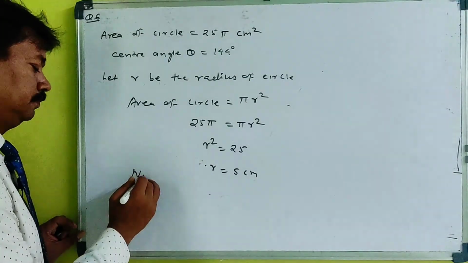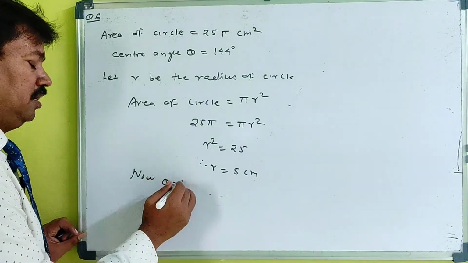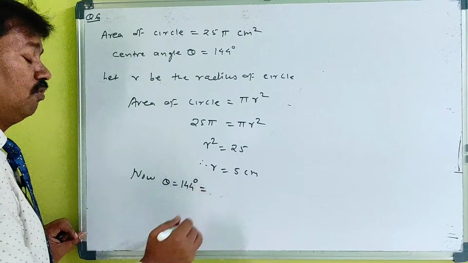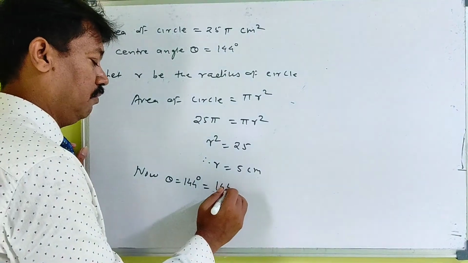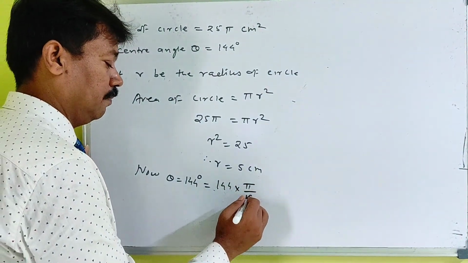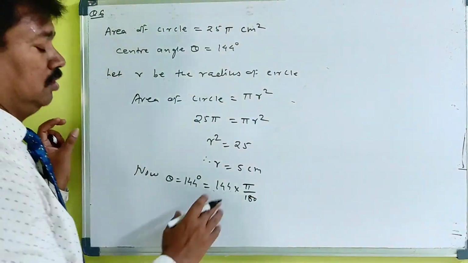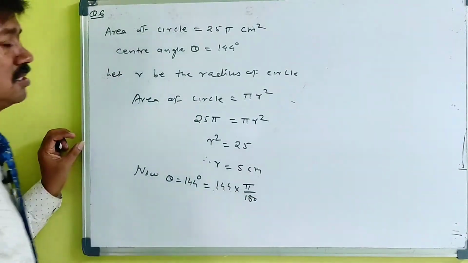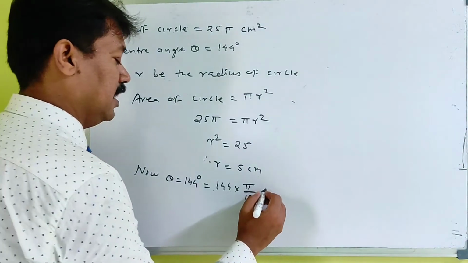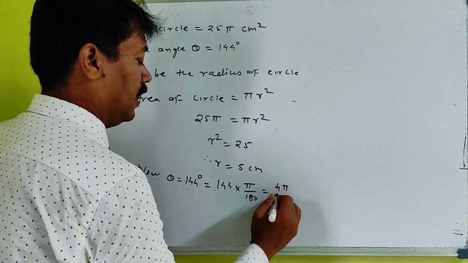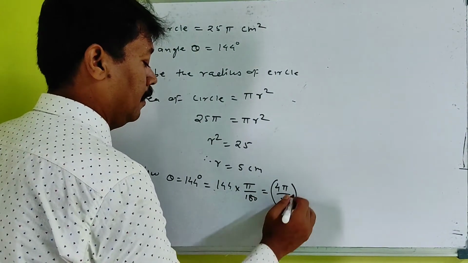Now theta is given as 144 degree. So 144 you have to convert into radian. If you just cancel this, 36 4s are, 36 5s are. So it is 4 pi by 5 radian, like this.